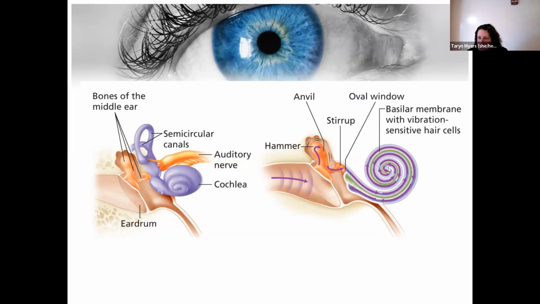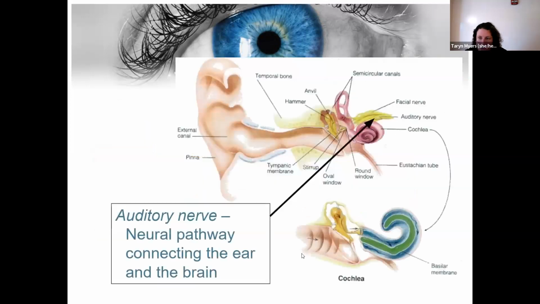And here you can see the vibration sensitive hair cells within that basilar membrane. So our body is doing a lot to interpret inside and outside sensations before we even get to the brain, right? And that auditory nerve, just like the optic nerve, is that pathway that's going to go back to the brain for you.